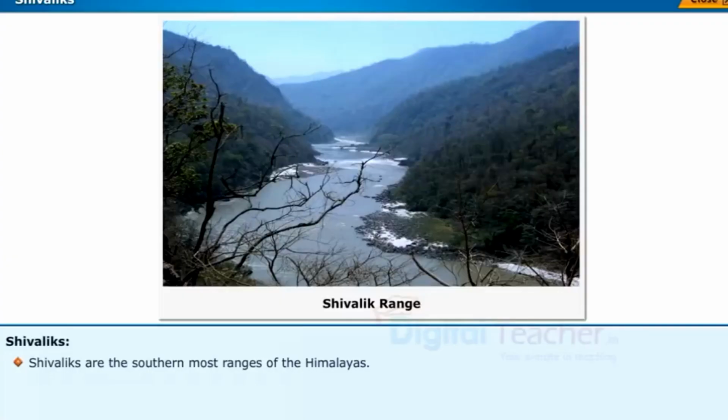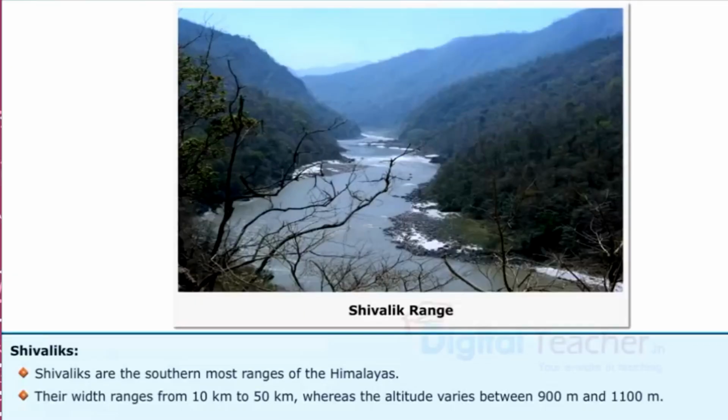The portion found south of the Lesser Himalayas is called the Shivalik ranges. The average height of the Shivalik ranges is 900 to 1,100 meters.